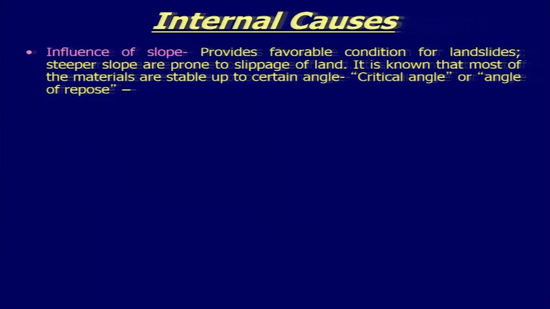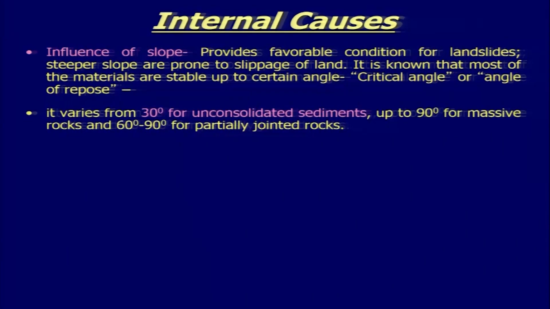Among internal causes, the influence of the slope provides a favorable condition for landslides. Steeper slopes are prone to slippage of land. It is known that most materials are stable up to a critical angle, that is the angle of repose. For unconsolidated material, the slope is about 30 degrees, and until you reach this slope the unconsolidated material will not move.